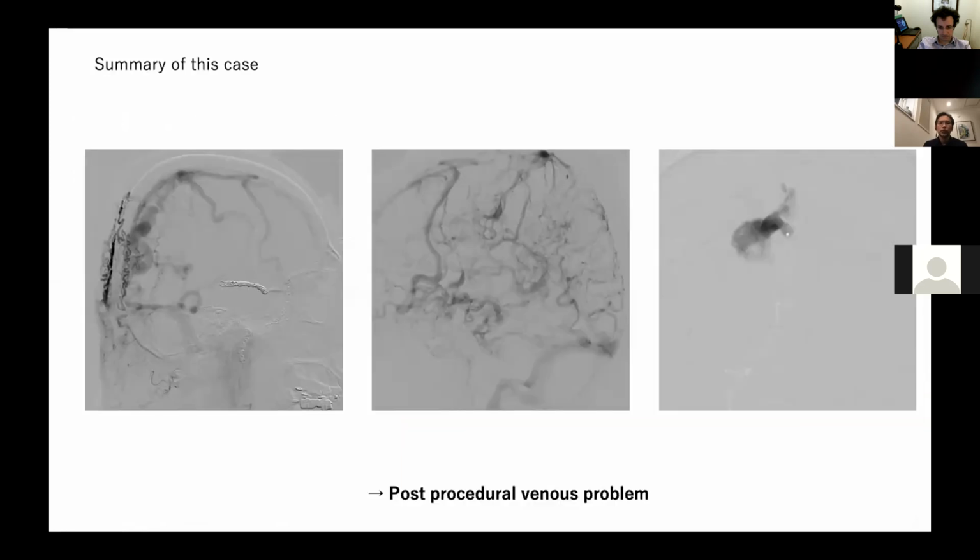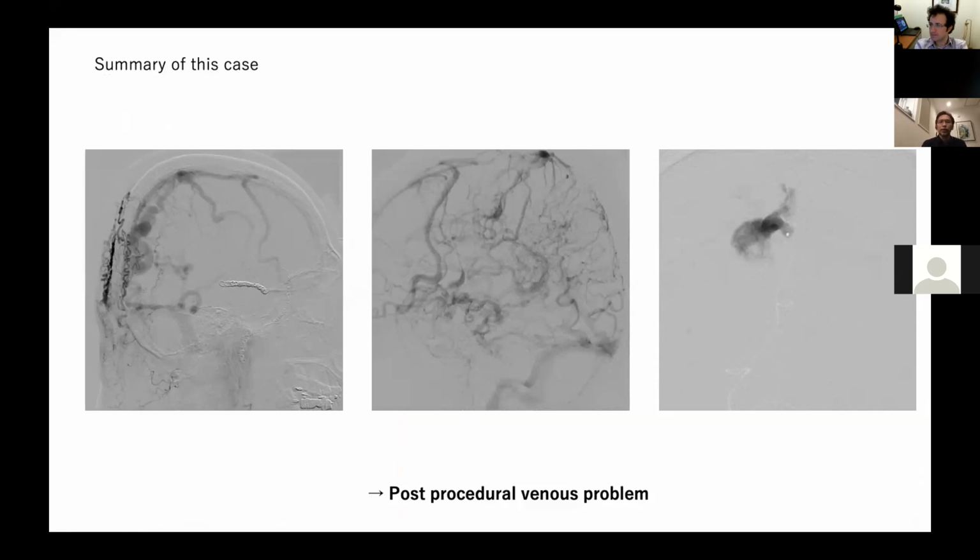I'll show you the summary of this case at the beginning, to give you an overview before we go into detail. He came with a shunt around the parietal or occipital area near the superior sagittal sinus, but the shunt is not at the sinus itself.